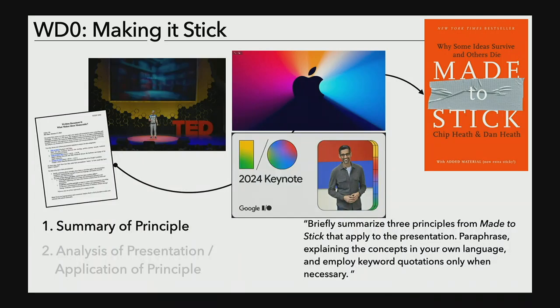So briefly summarize the principle. 3 principles from Made to Stick. We want you to paraphrase. We want you to explain it in your own language, even though you can employ keyword quotations when necessary. One of the things about writing in an engineering context is that you don't often use the exact words of a source and throw it into a document.